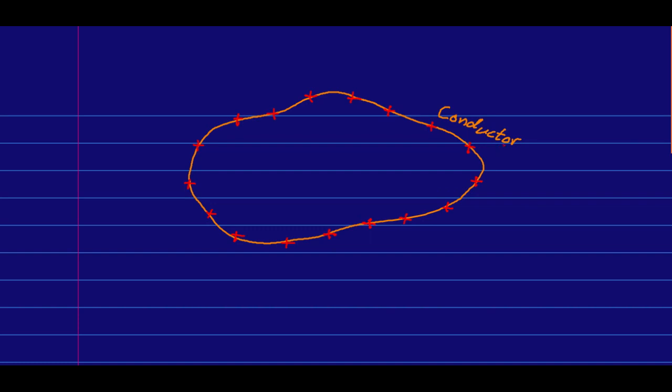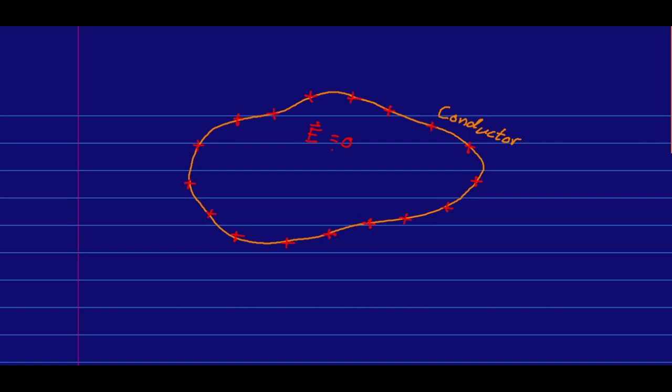Think about a charged conductor. We've already seen that the charge on a conductor is always on the surface. And we've also seen that the E field inside a conductor in equilibrium is zero everywhere. Well, the equipotential curves have to be perpendicular to the E field, and their spacing is related to how strong the E field is.